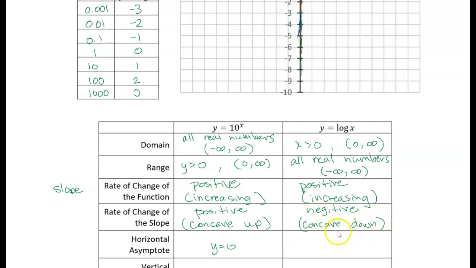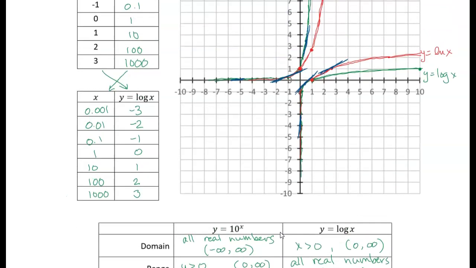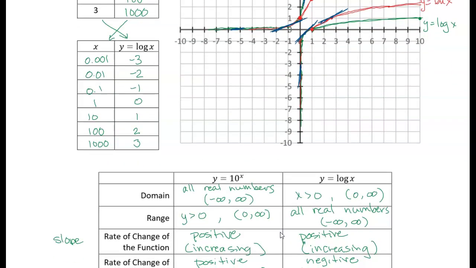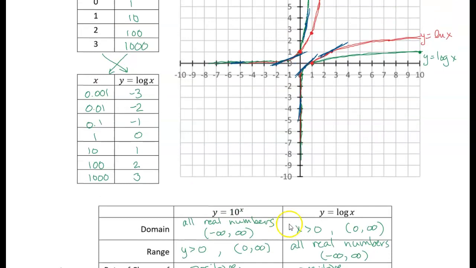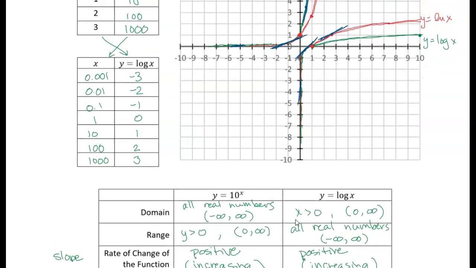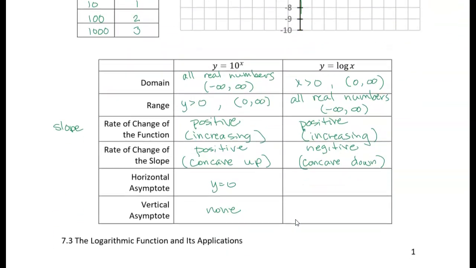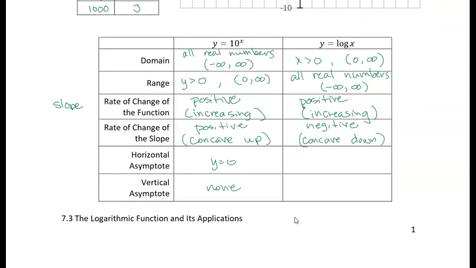Now, horizontal asymptote. Horizontal would be parallel to the x-axis, and there really aren't any. We already said the range is all real numbers, so there is no horizontal asymptote.